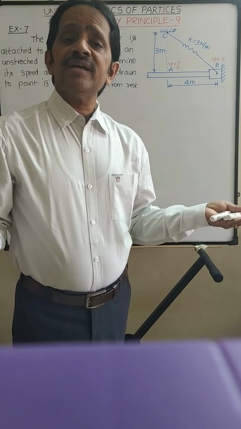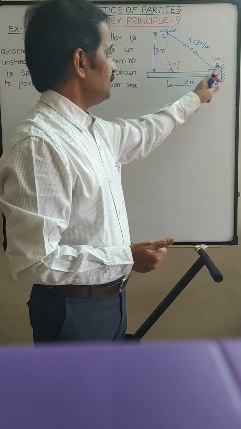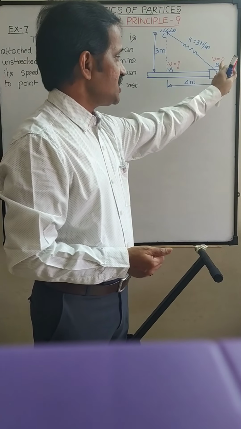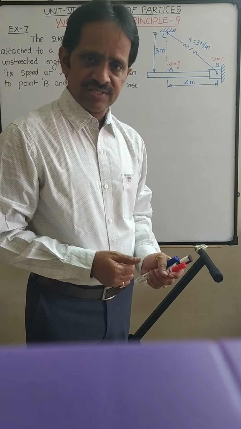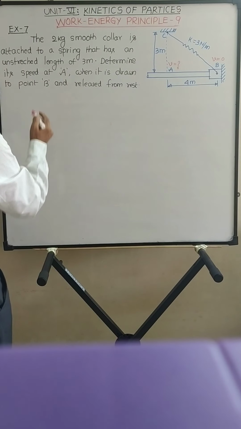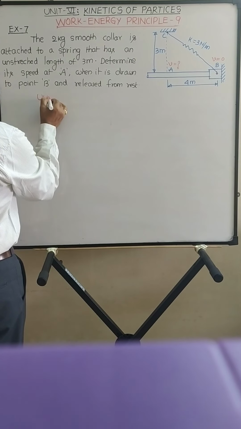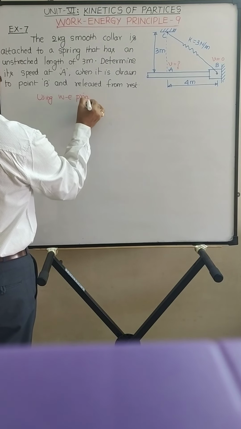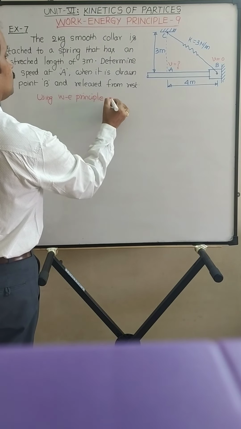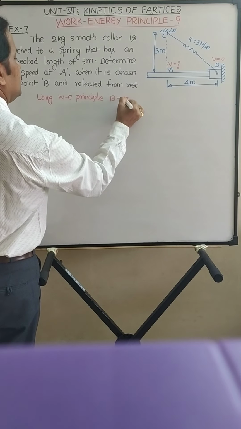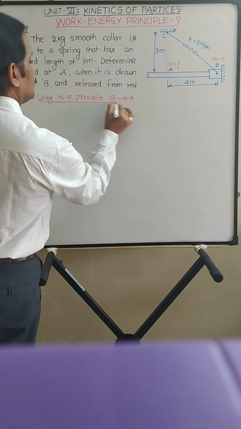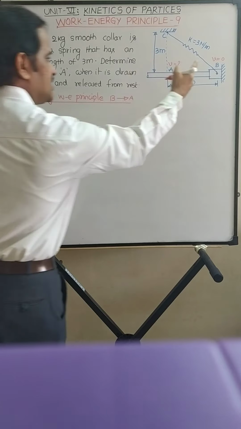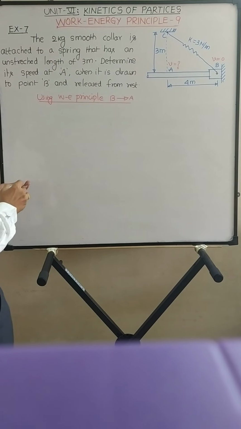So use the work energy principle from B to A, initial to final positions. So using the work energy principle from point B to point A. Here B is the initial position, A is the final position. So what is the work energy principle?